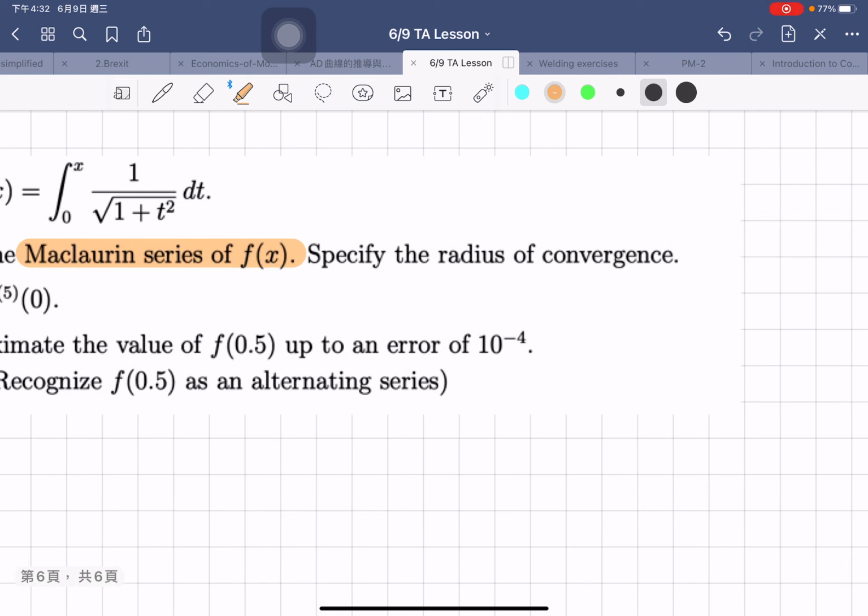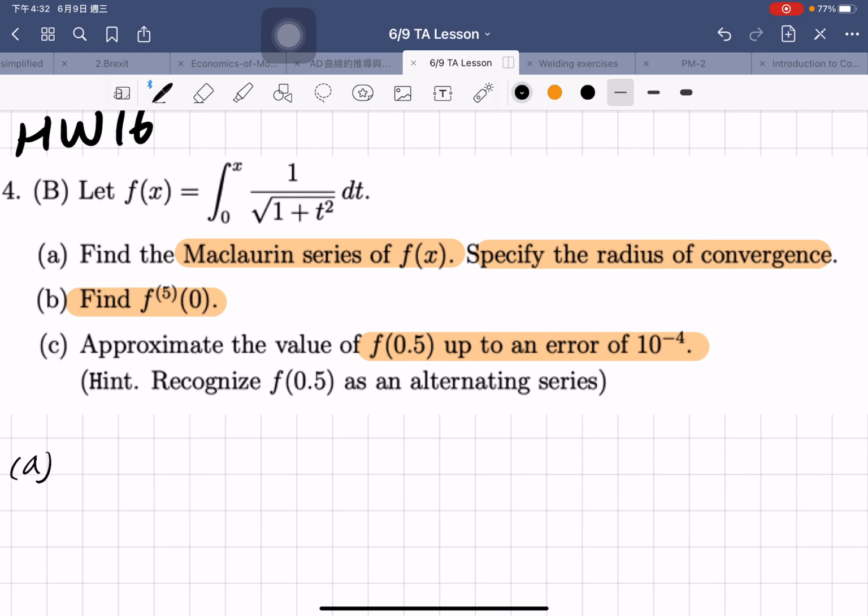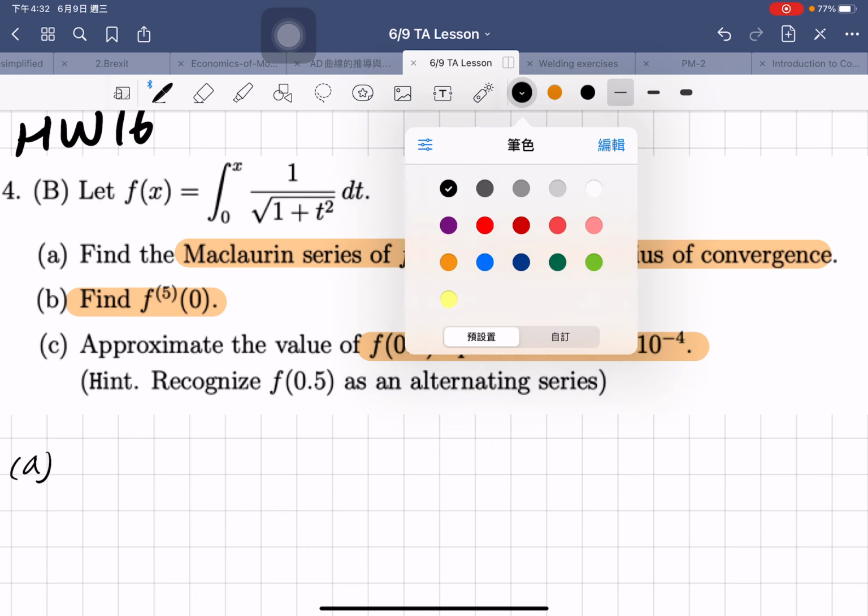I want to specify the radius of convergence in part A, and in part B, I want to find f's fifth derivative, and at the end, I want to approximate the error. You want to approximate f of 1/2 with an error of 10 to the -4 power.